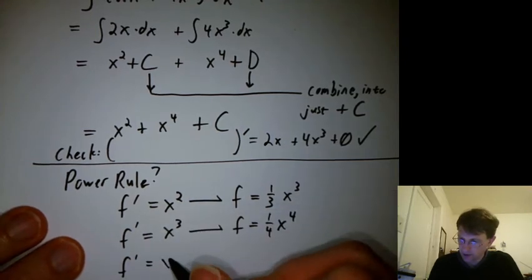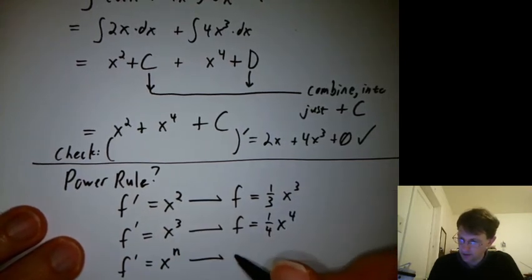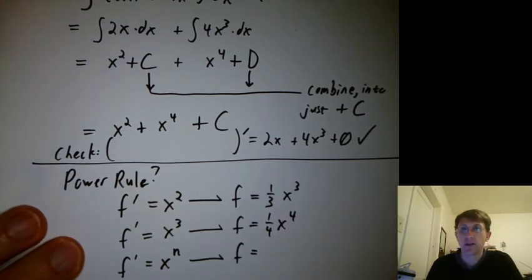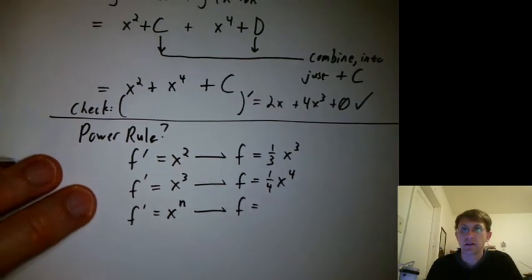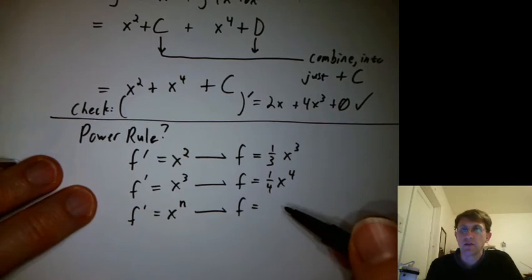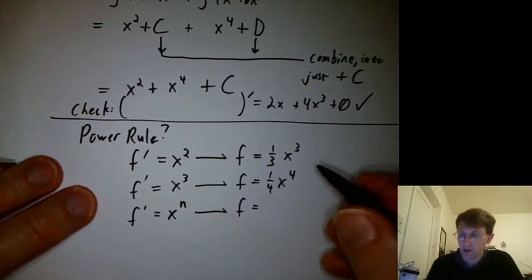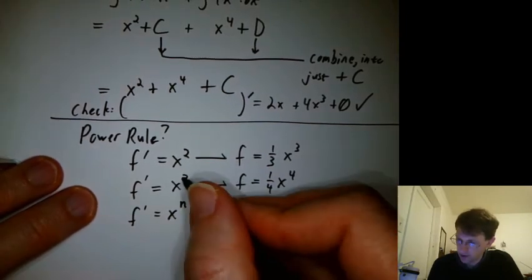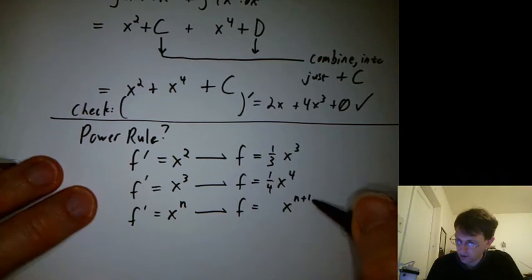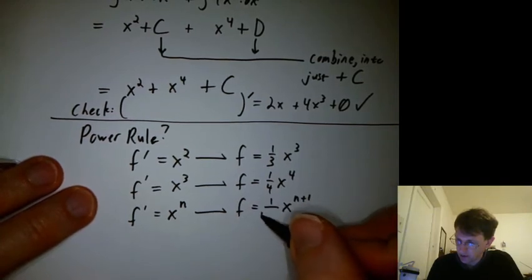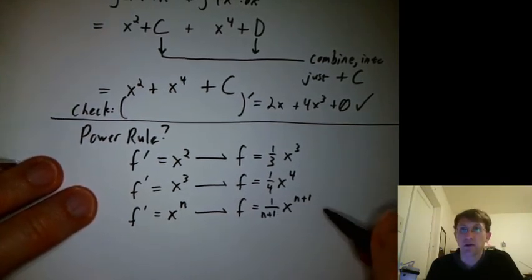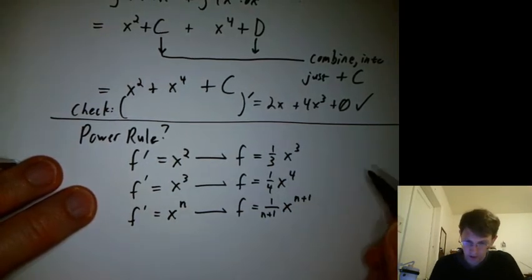If f prime is x to the n, what would you say the original is? In derivative rules, it would be n x to the n minus 1, but here we're going the other way. So the rule seems to be whatever I have here, add 1 to it in the power, and then divide by whatever the new power you just wrote is. Does that work with what we have so far?